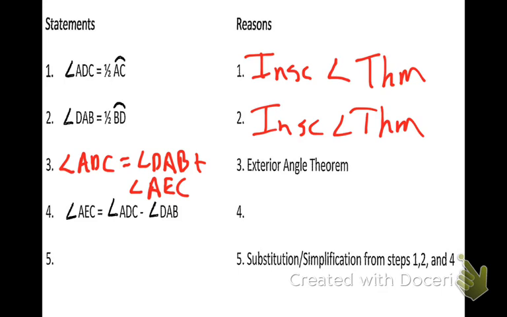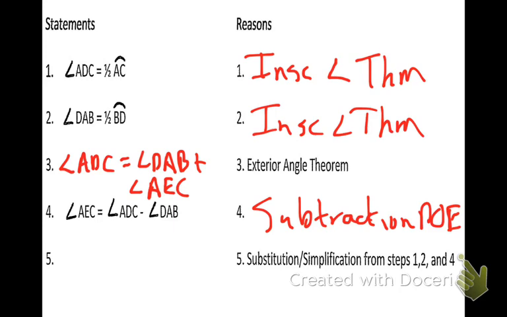Very good. Okay, now how do I get to the next step where I solve for AEC? What algebraic step am I taking there to go from 3 to 4? How do we get rid of the DAB that's with the AEC? How do I get rid of that and get it to the other side? Yeah, it's subtraction property of equality. All right.